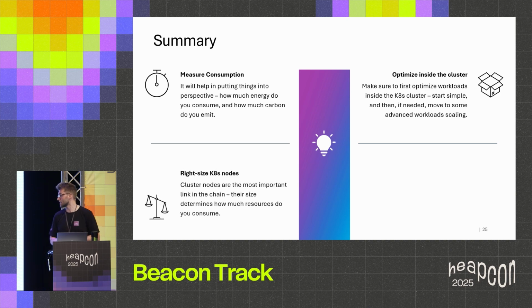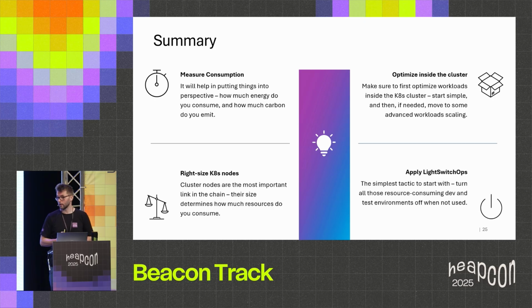Then right-size Kubernetes nodes. They're the most important link in the chain, and their size determines how many resources we consume. Right-sizing is one of the most important things, but optimizing inside the cluster is a requirement.